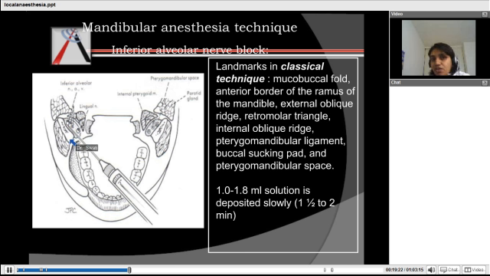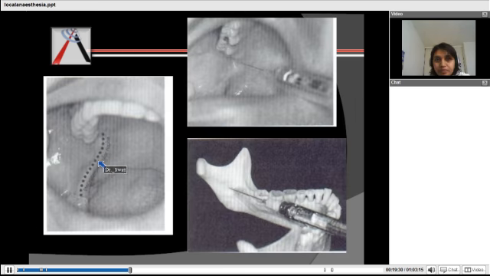Okay, you're giving your inferior alveolar nerve block here. I'll just go to a few more diagrams. Okay, you see this mandibular raphe. Your injection will be directed from this side, and you will be going lateral to the raphe.